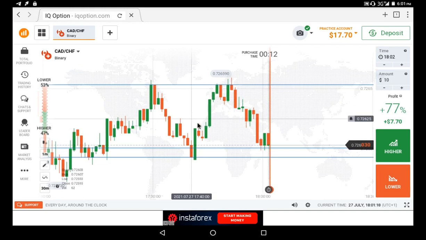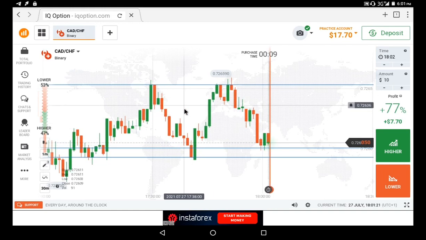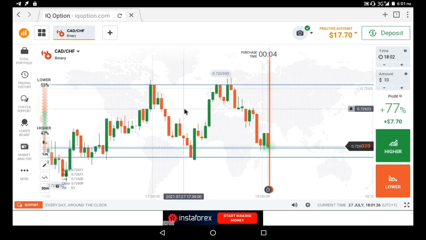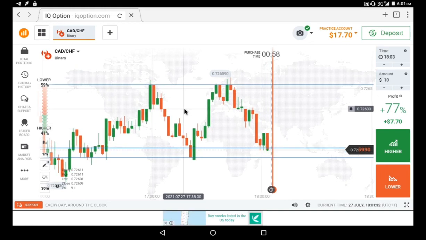It just works like the same reversal candlesticks and continuation candlesticks, or the hammer, shooting star, the harami, the engulfing, piercing, and whatever. All of those candlesticks, doji candlesticks. So it's the same thing.